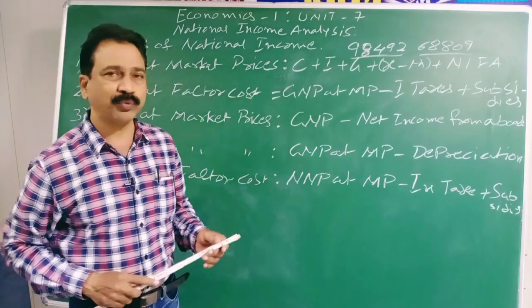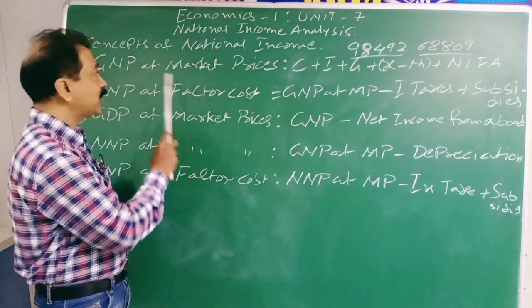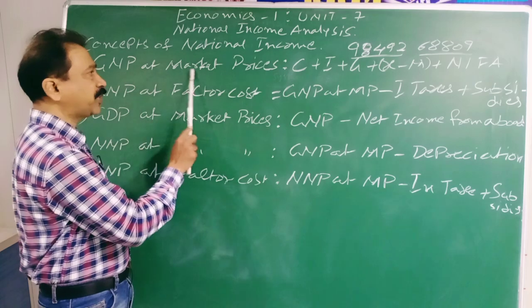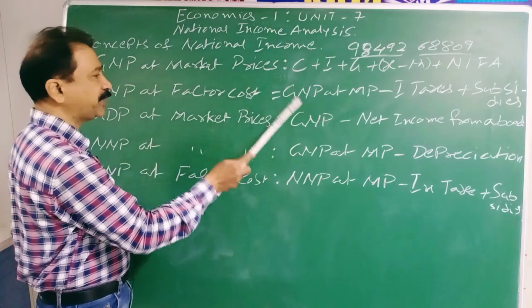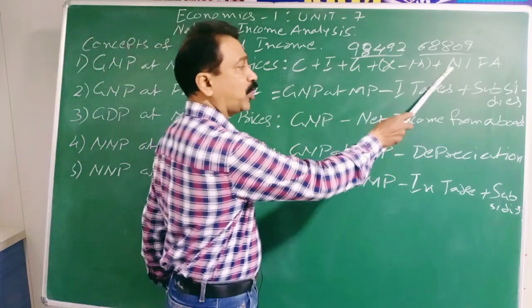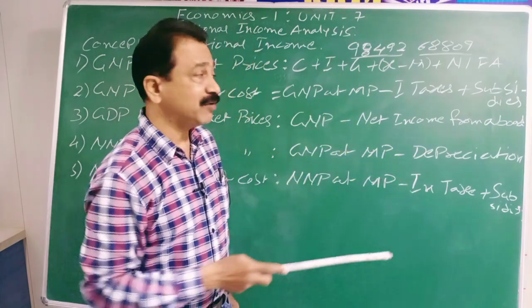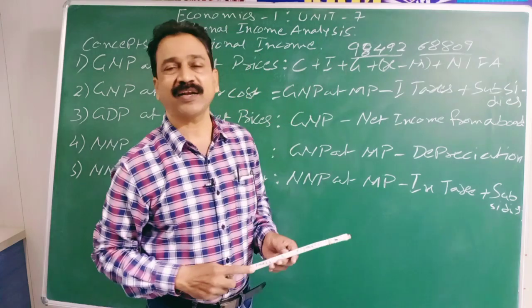So for that, what do we do? I told you already at the second level itself, this is going to be the base of everything. GNP at market prices is going to be the base of everything. We will take GNP at market prices and we remove net income from abroad, because this is coming from outside, which is produced not within the country but outside the country.